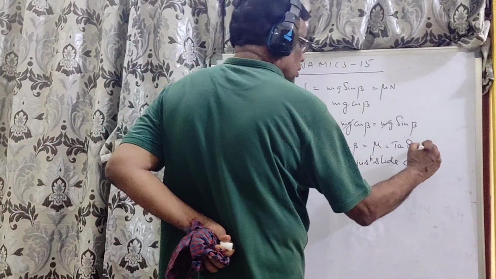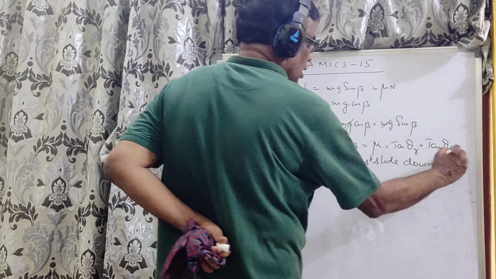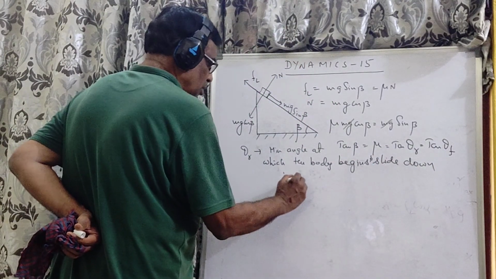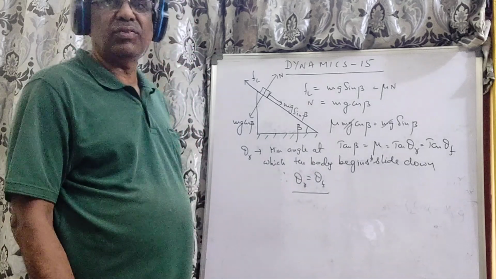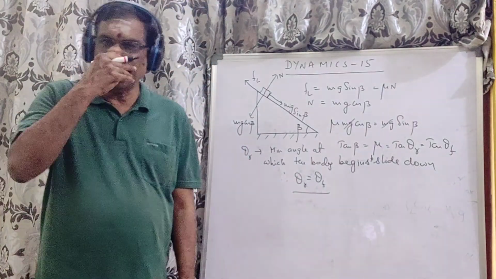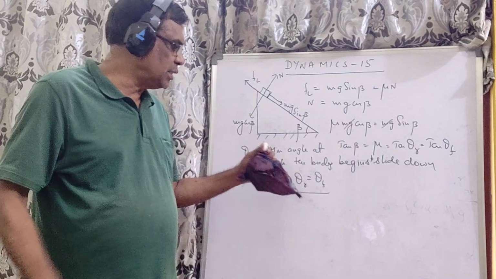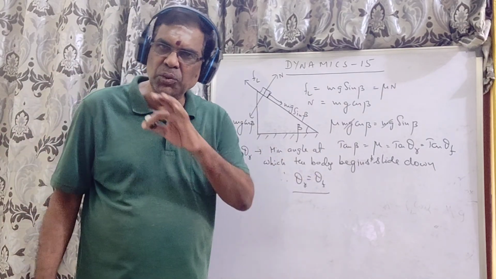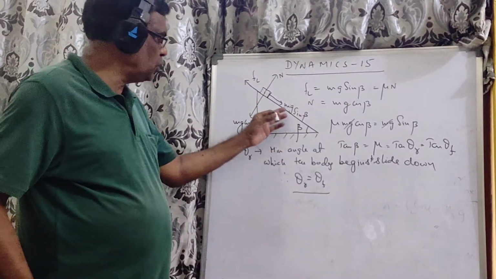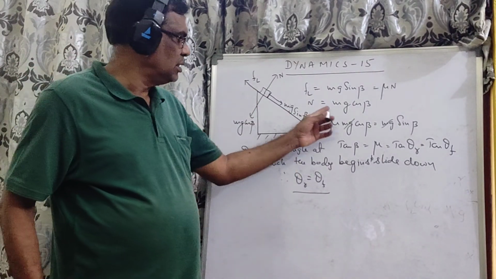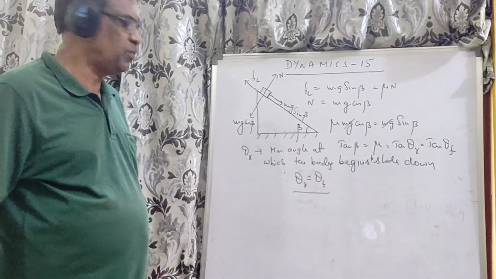And we know mu is nothing but tan theta f. Therefore, angle of friction and angle of repose are numerically one and the same, but technically these are two different quantities, remember, okay? So what you require is that it should be the angle of repose.